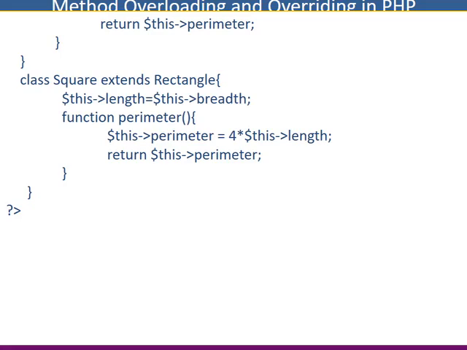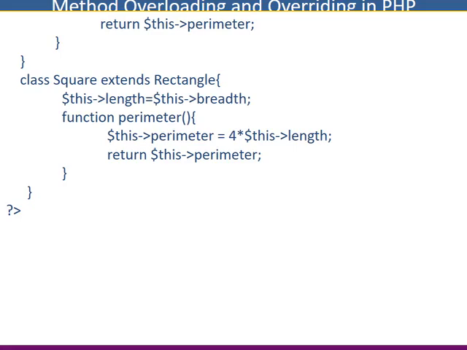So we can see from the first class, which is class rectangle, that both classes have a perimeter method, and the class square provides its own version of perimeter, but a different implementation.